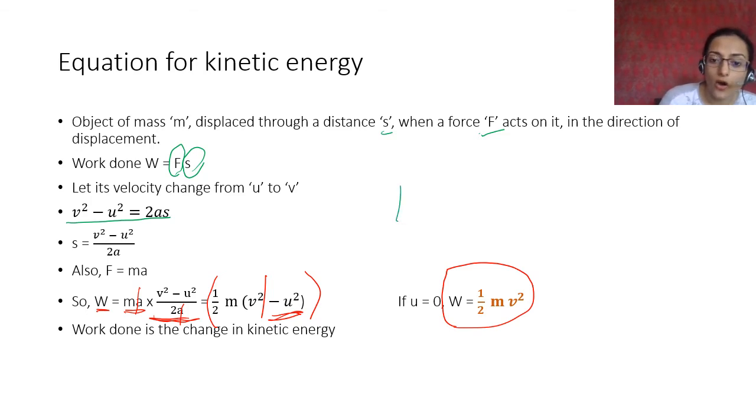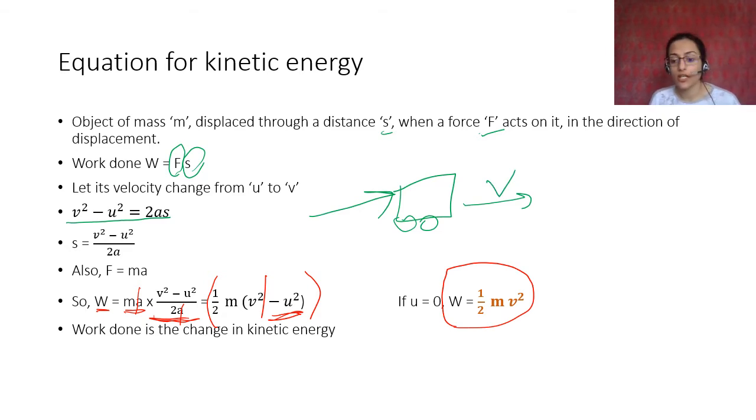If the object is at rest, then the kinetic energy possessed by that object is 0. But if a certain work was done on it and it acquires a certain velocity, then there is some work done on it and there is a change in kinetic energy. That is the work done. That is what we see here, isn't it?